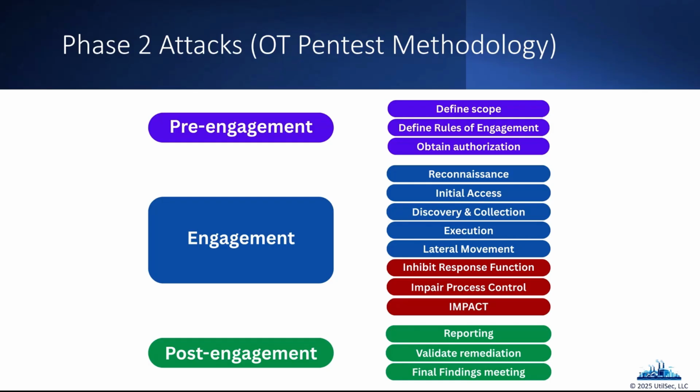Now we talked about the most common types of OT pen tests, which really are just IT pen tests in disguise. We're doing the assume breach and moving from Windows machine to Windows machine. When we talk about true OT pen testing, or true OT attacks, this is where we already have the foothold on the OT network.